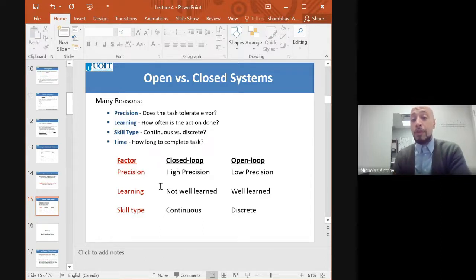And so maybe with learning, we would have to work in a closed loop system, because remember, when we are learning, we can't rely on our proprioception as much because we're not familiar with the movements of our bodies as much, right? So maybe with a newly learned skill, we work in a closed loop system. And then as we get better and better, we rely less on feedback and we can now move in an open loop system. Does that make sense? So the transition from new to well learned, you're moving from closed loop to open loop.